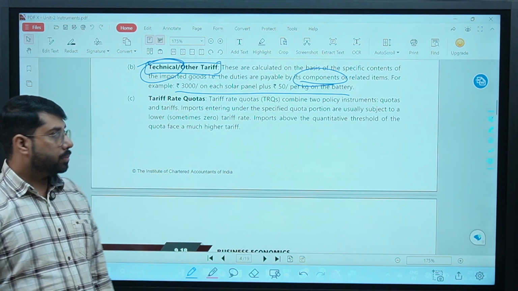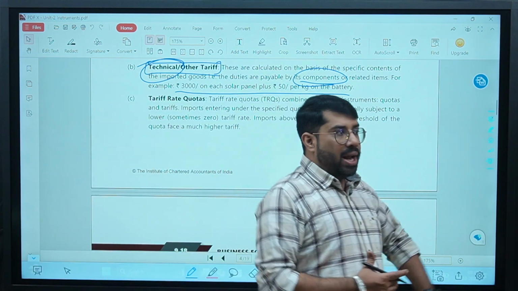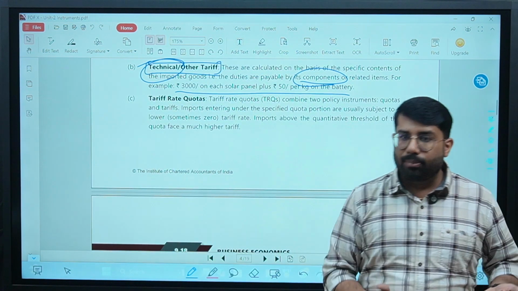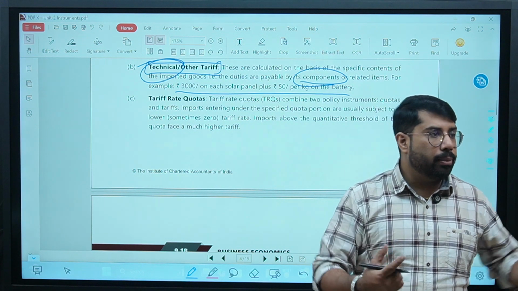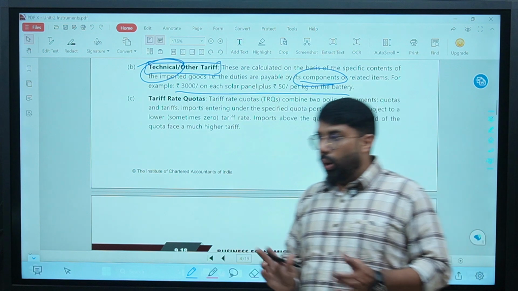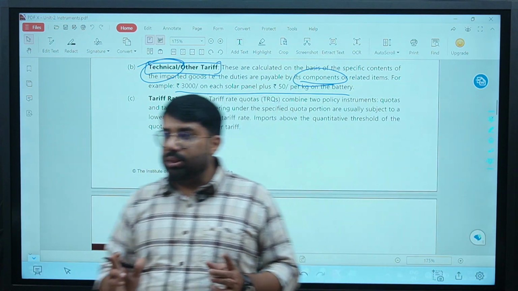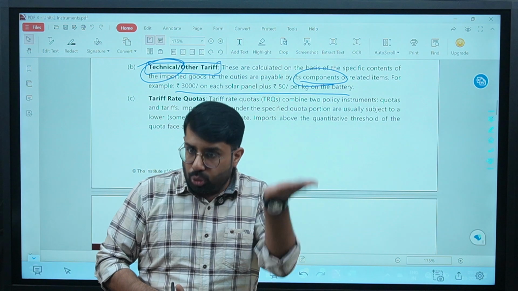Are we clear? Just for your information, I am saying, beta, whenever you will see batteries we are importing, on the batteries we don't pay taxes per battery or the measurement. No. On batteries, the taxes are charged on the basis of the weight of the battery. Total weight.